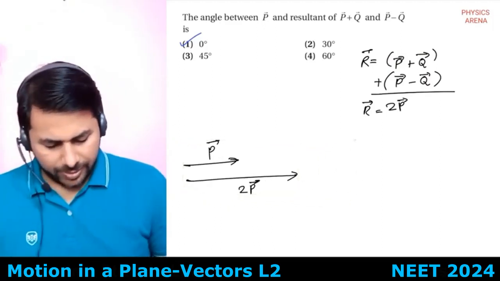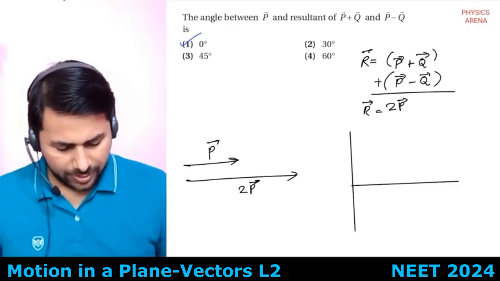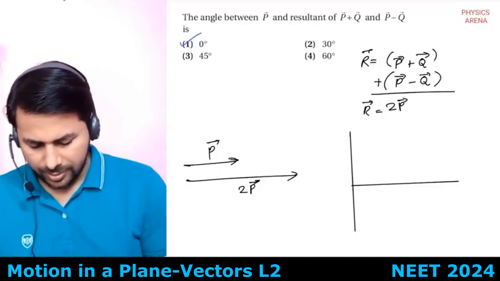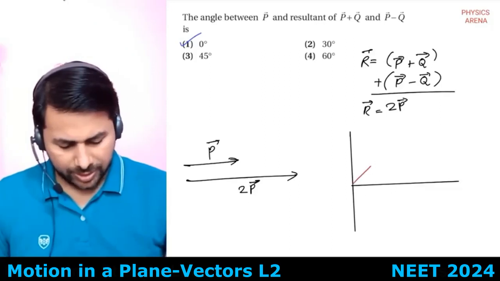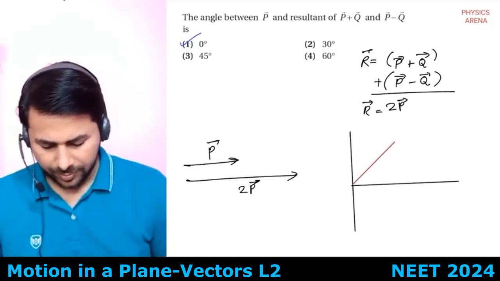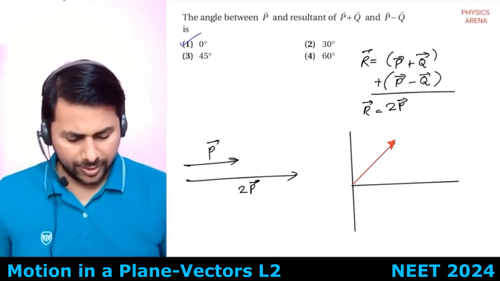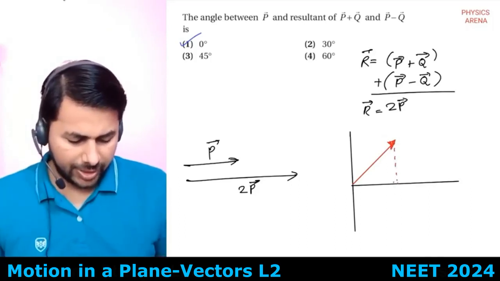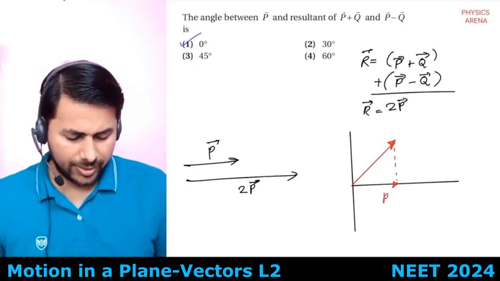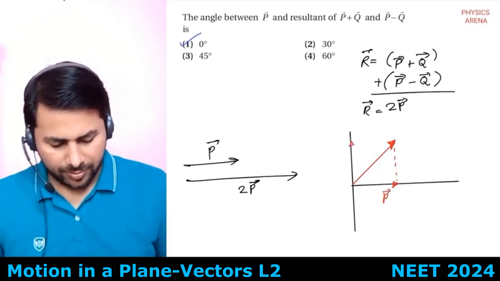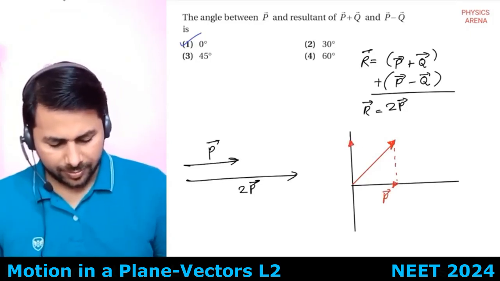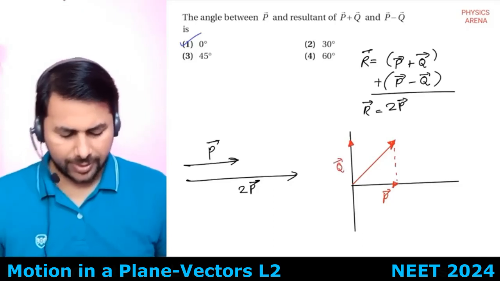Suppose this is your first vector. This is one vector which is equal to p bar plus q bar. This is q bar, right?